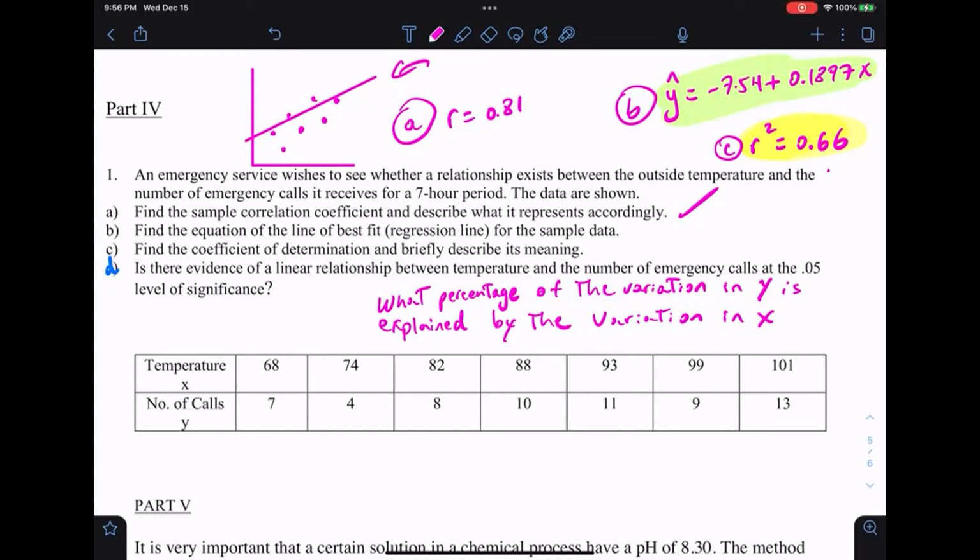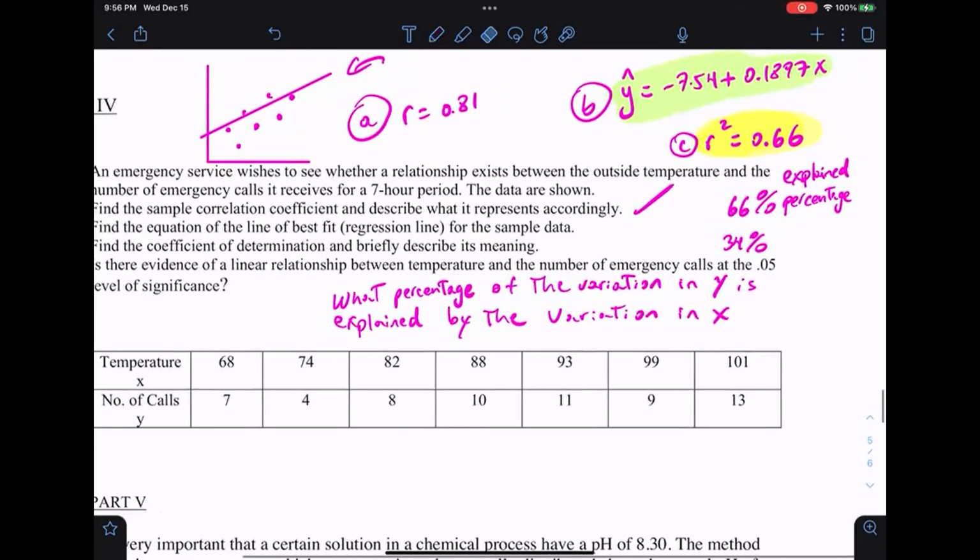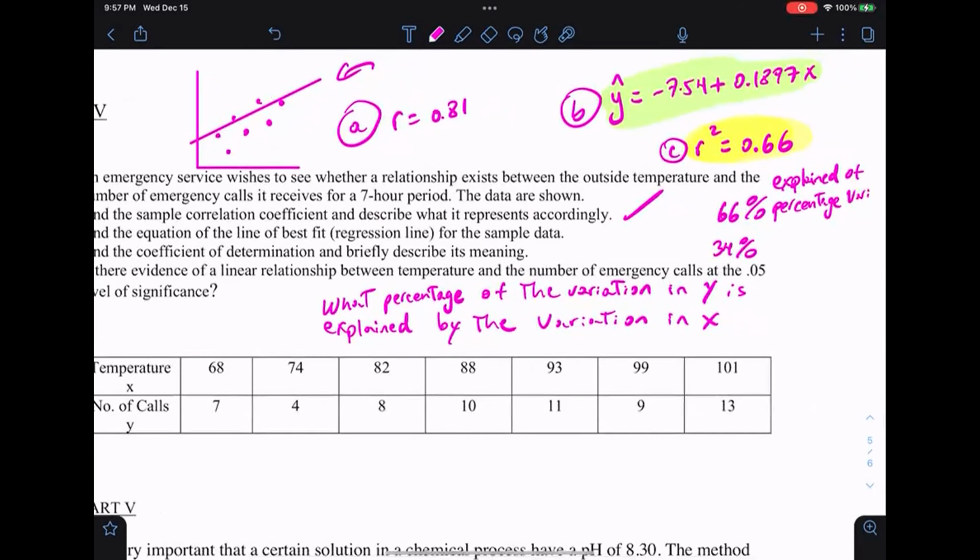So this line, negative 7.54 plus 0.1897x, represents 66% of the variation of these data points. The other 34% is unexplained.